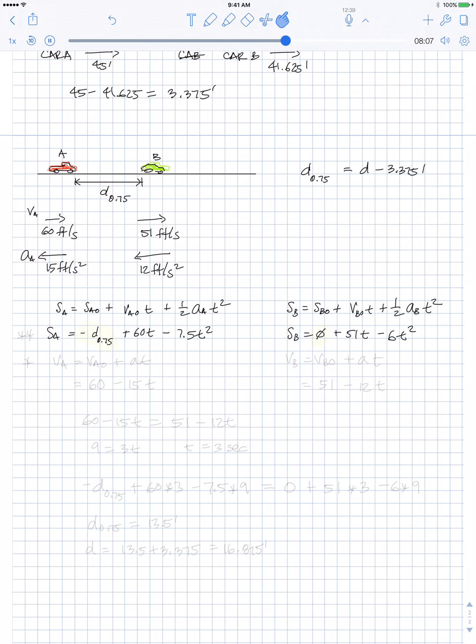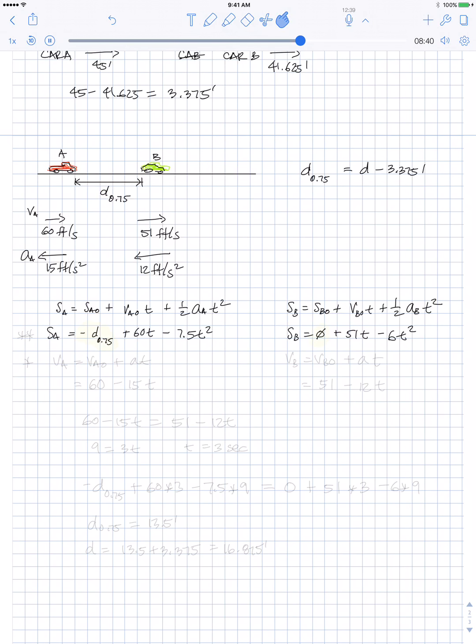Okay, so what we're going to do is figure out how much forward each car gets, think about it a little bit, and see how far that has to be so they don't hit. So to save some recording time, I just went ahead and wrote out these equations. And so what you have here is the position of car A at any given time t, and the position of car B at any time t.